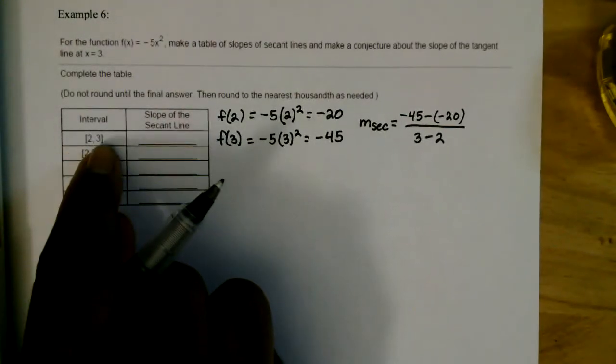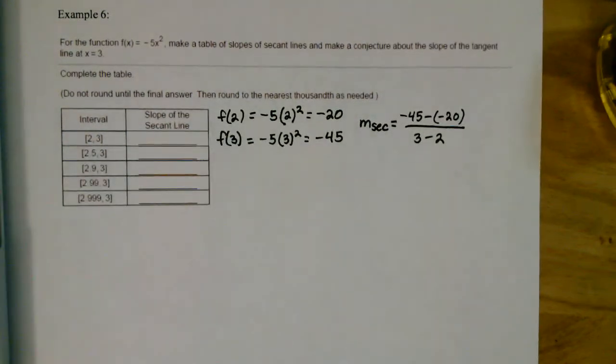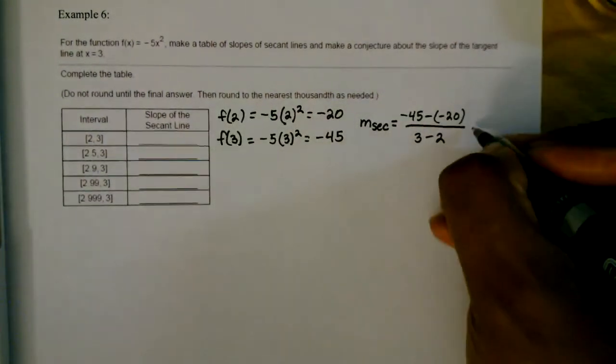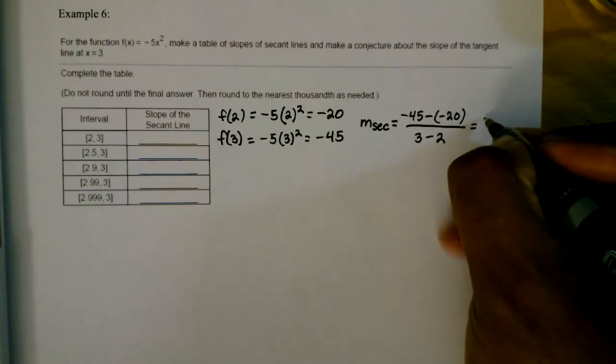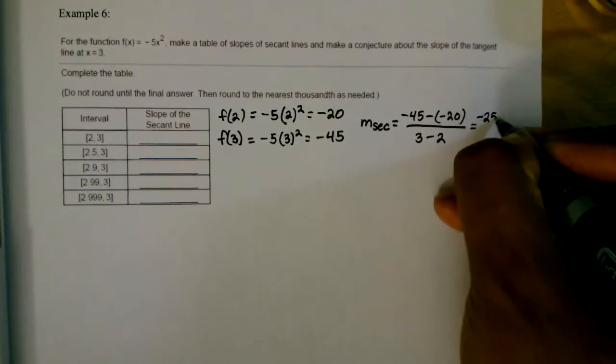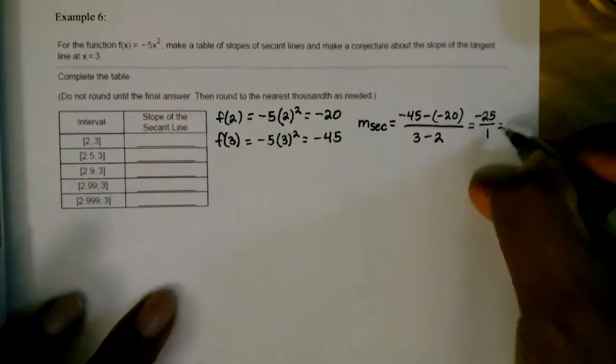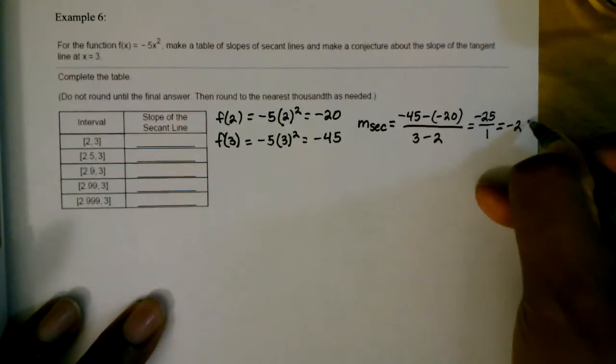That's your a and that's your b. b minus a will be 3 minus 2. Let's see. -45 minus -20 will be -45 plus 20, which is -25, divided by 3 minus 2, which is 1. -25 divided by 1 will be -25.